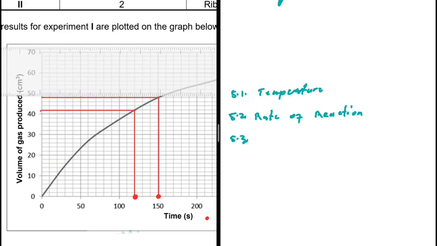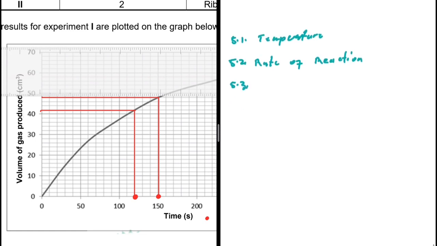So there we go. The rate of reaction will be equal to the change in the volume divided by the change in the time. Why are we using change in the volume? We are given the SI unit we are supposed to use for rate of reaction, which is centimeter cube per second. So I'm just respecting that.